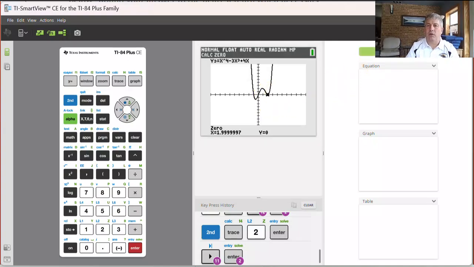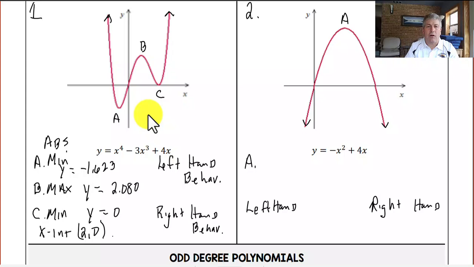Going back to our graph here on our notes, I've written in our minimums for point A is y equals negative 1.623. Our maximum at B was y equals 2.080, and our minimum at C, our local minimum, was y equals 0, that was also an x-intercept of 2, 0.